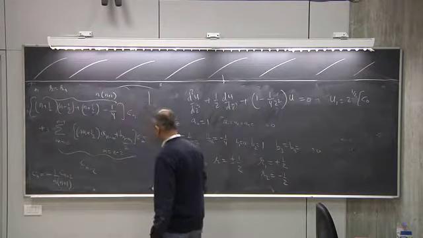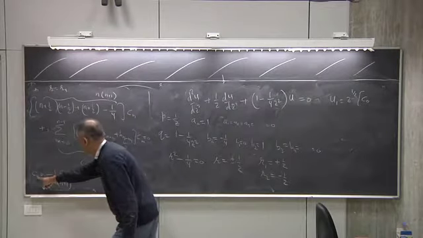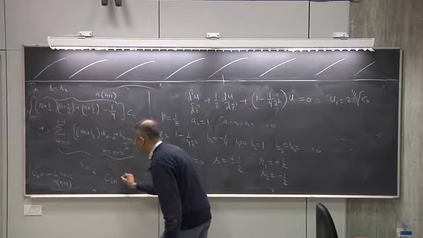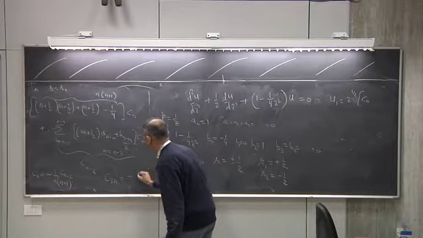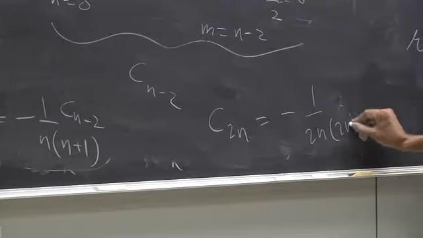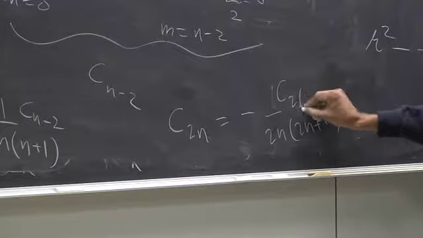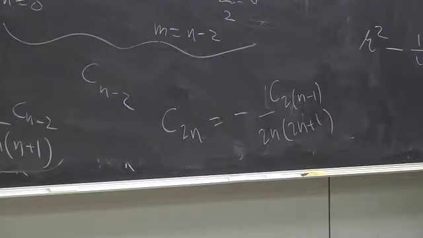So it gives you the even series. So for C_{2n}, just replace n by 2n, that gives me minus 1 over (2n plus 1) times C_{2n minus 2}.